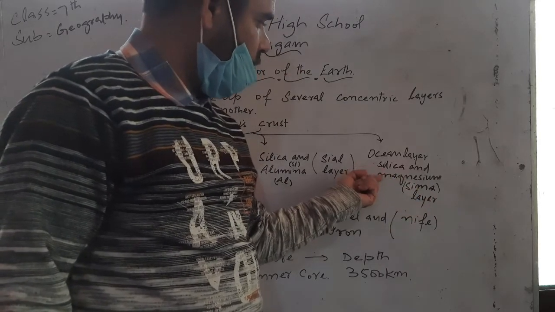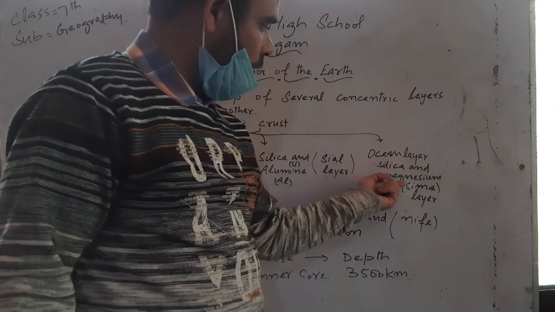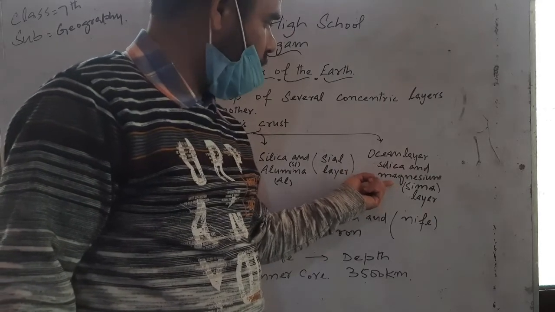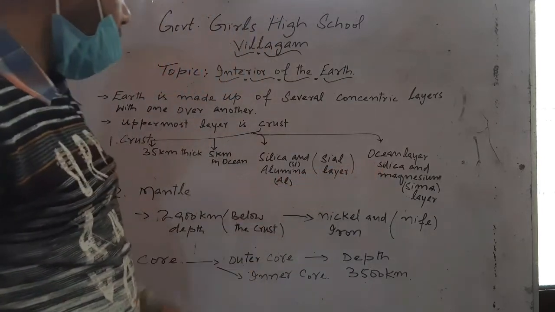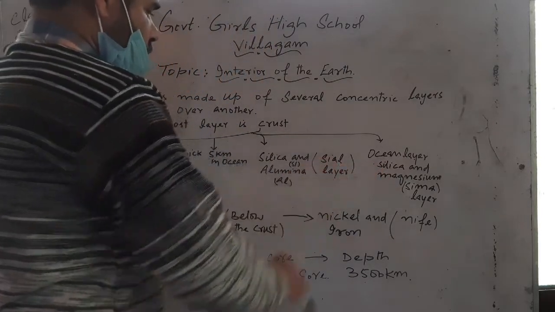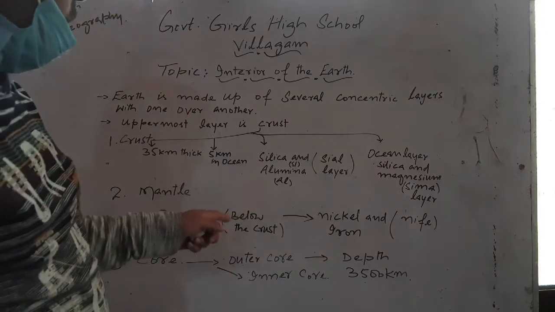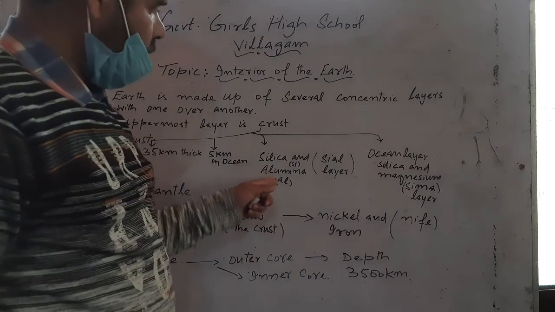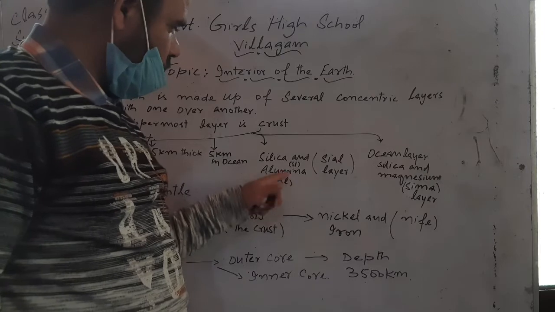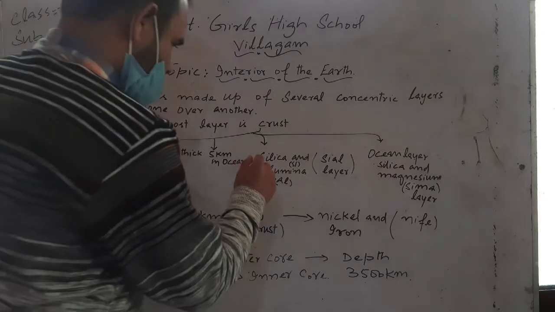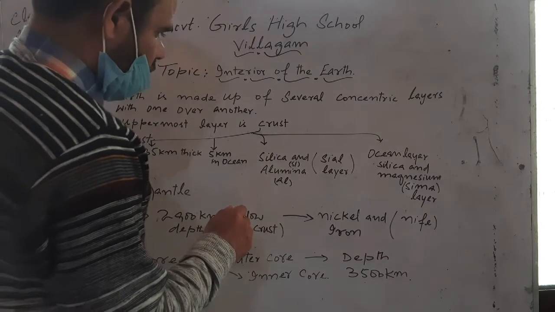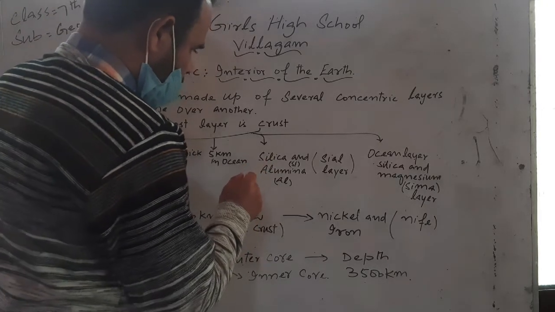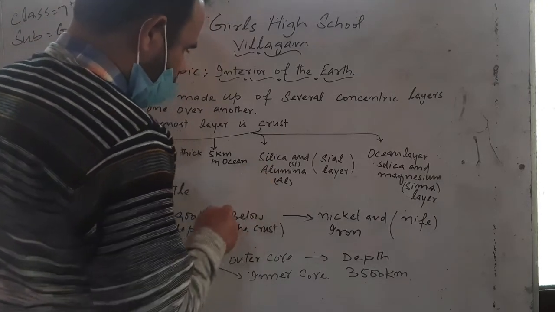That means it is having the first two alphabets of silica and the first two alphabets of magnesium. Same is the case here. Although aluminium is having the symbol Al and silica Si, it is having the first two alphabets of silica and the first two alphabets of aluminium.